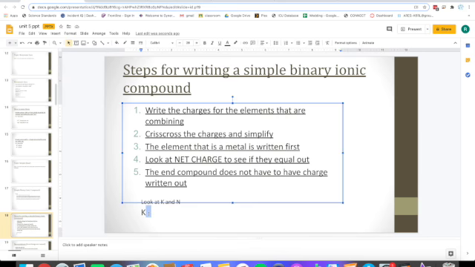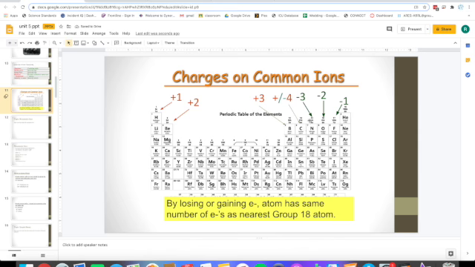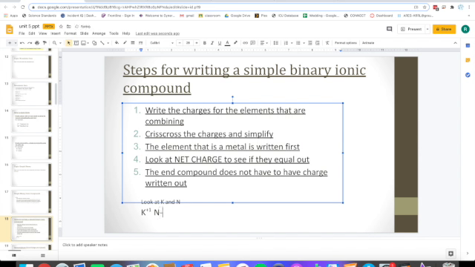So +1 charge. And then we need to look at N. So N, if we find it, N has a -3 charge. -3 charge.